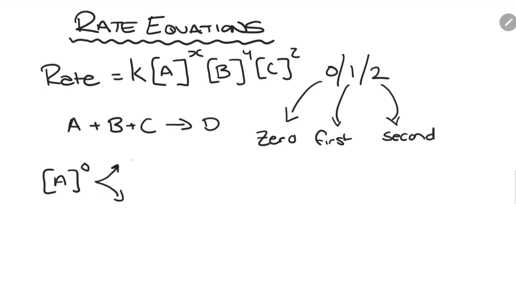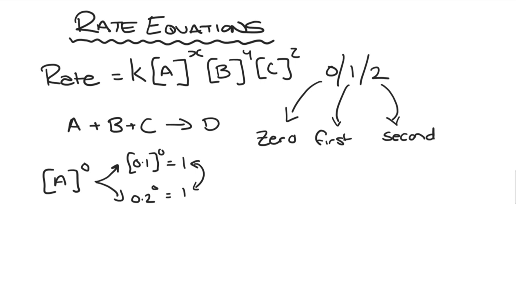So if we said the concentration was 0.1 and we doubled it to 0.2, let's say moles per litre, then 0.1 to the 0 mathematically equals 1. Likewise, 0.2 to the 0 also equals 1, showing us that no matter what the concentration is, there is no effect on the numerical rate value.